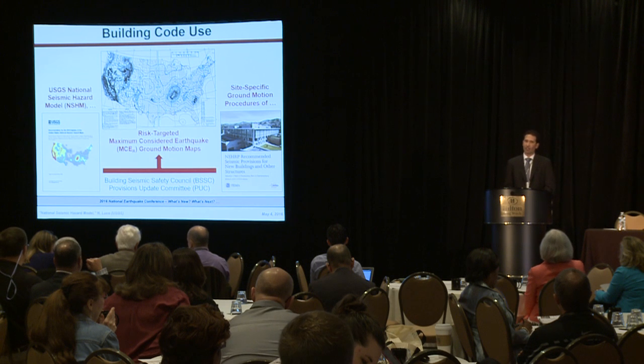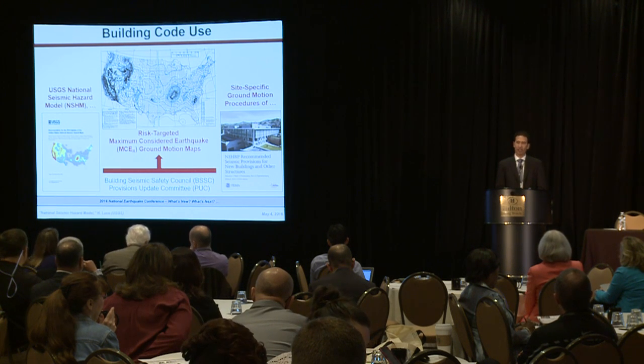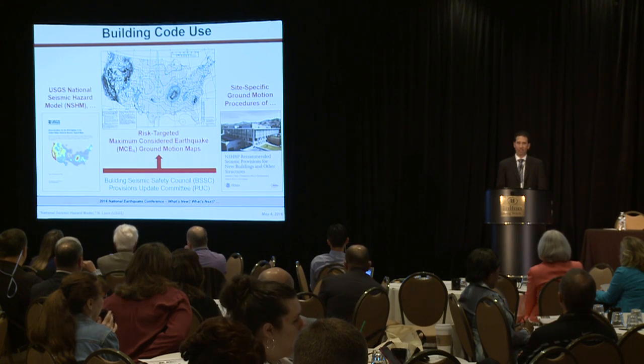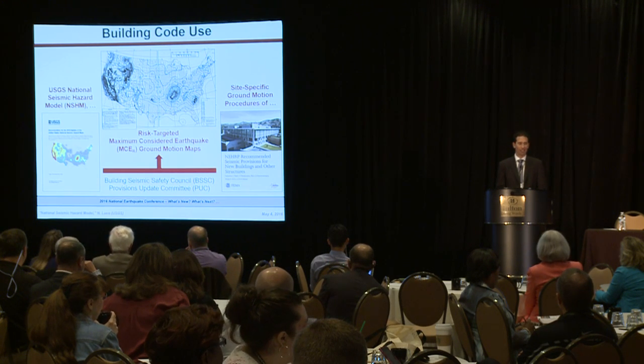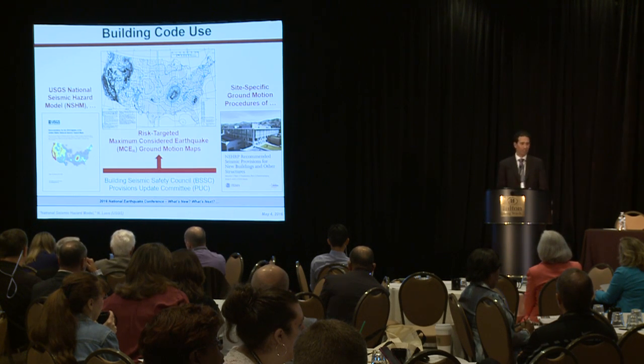All right, so historically, one of our primary users of this national model has been building codes. Right? And I'll give you a little bit of information on how that works. So on the left, there you see the USGS National Seismic Hazard Model.